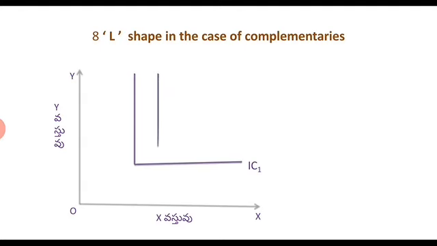It is in the shape of L. When the goods in the combination, x and y, are complementaries, the shape of the indifference curve is L shape.